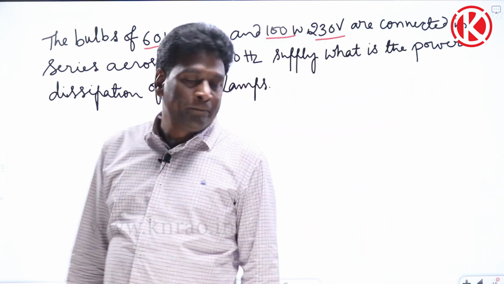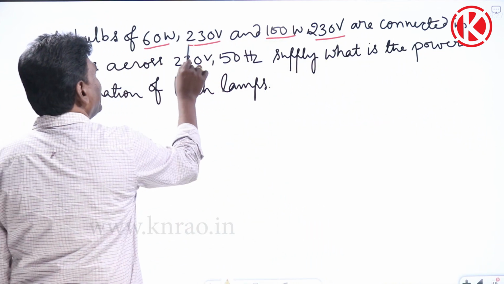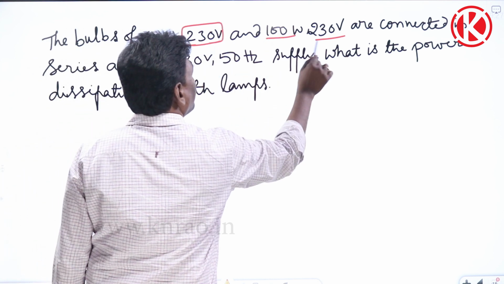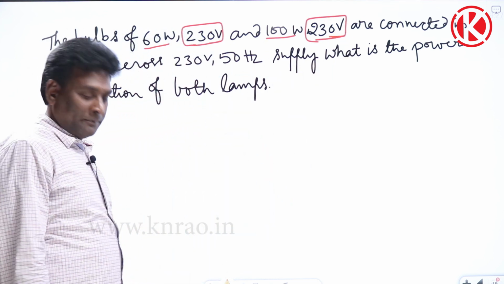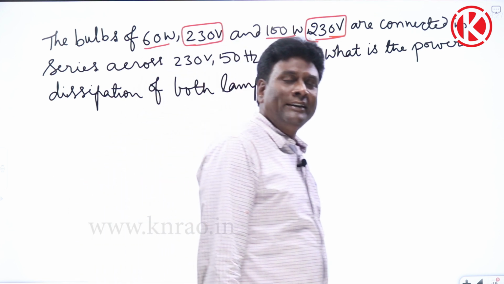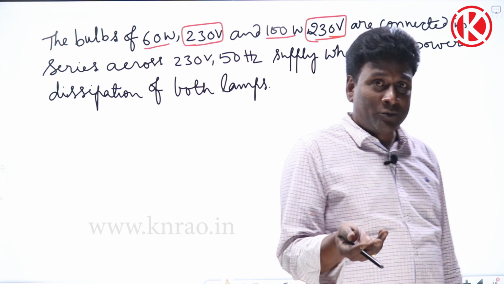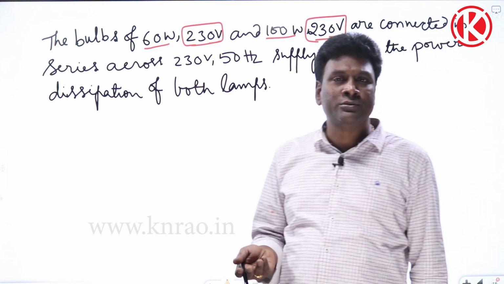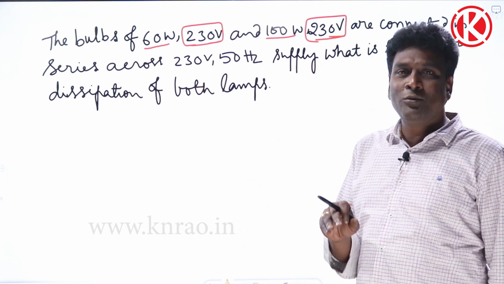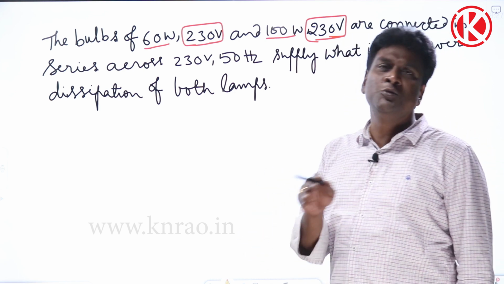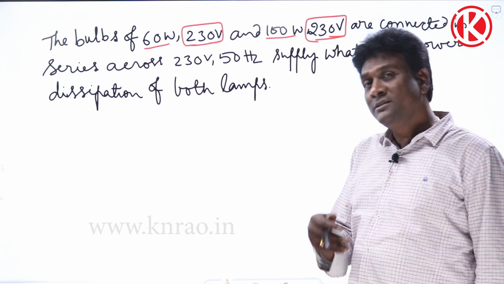See here, already both the lamps are rated for the same voltage. Okay, same voltage. Now, the point here is a lamp is nothing but a resistor. That's what we say in our machines also, power systems also. Lighting loads, we say lighting loads in the sense unity power factor loads, in the sense pure resistance.